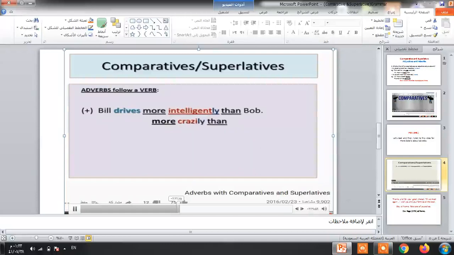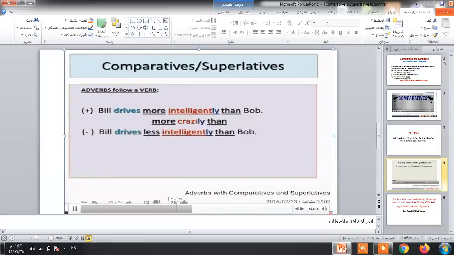An adjective might be crazier, but here we will use the form more crazily than. In the negative form, Bill drives less intelligently than Bob.